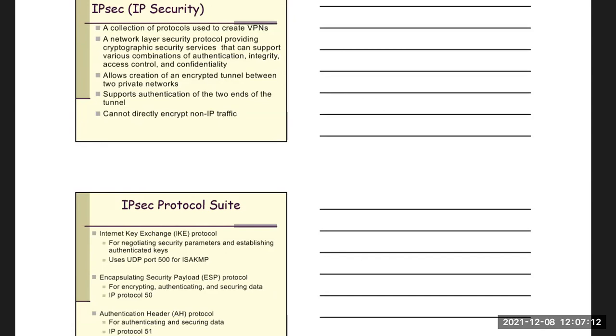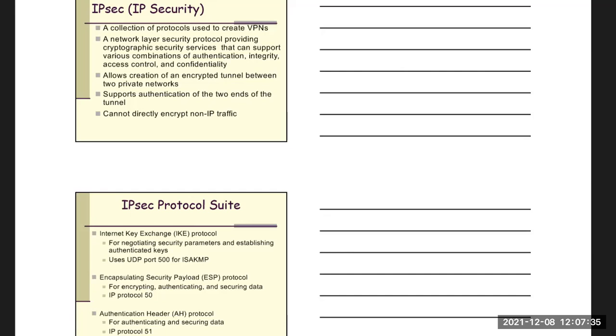Now, IPsec, the Internet Protocol Security, has some internal components. What are the components present? The first is the Encapsulation Security Payload.